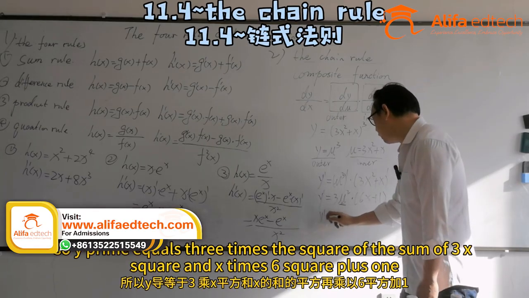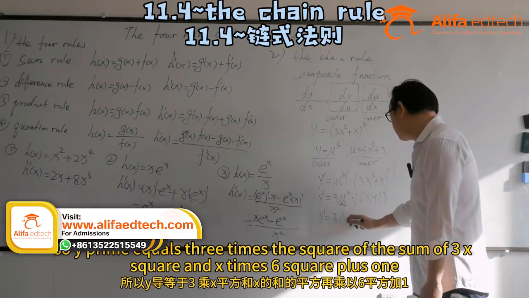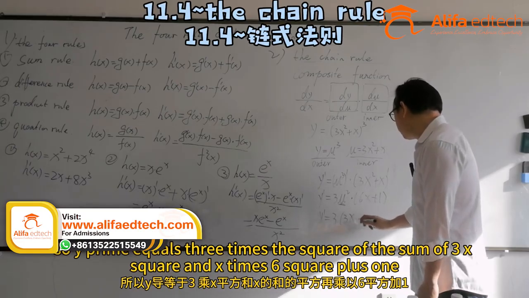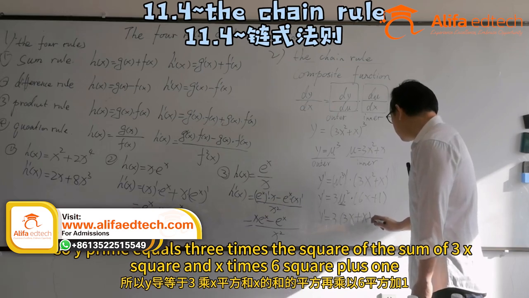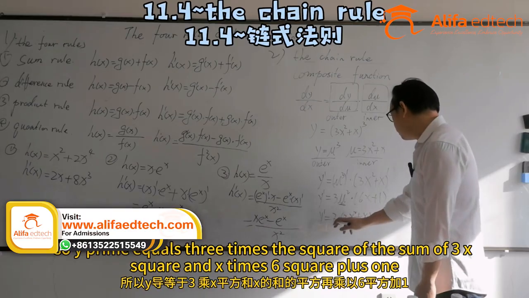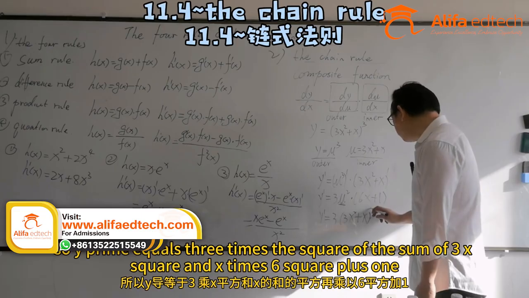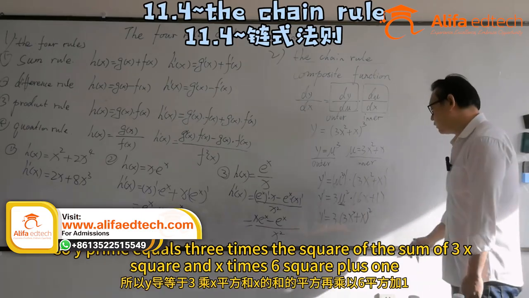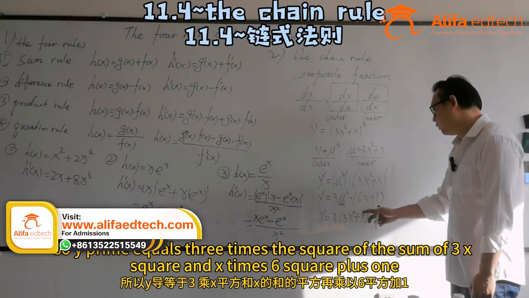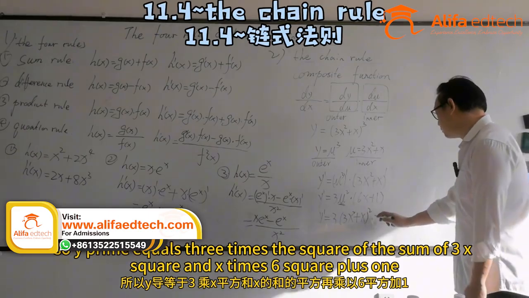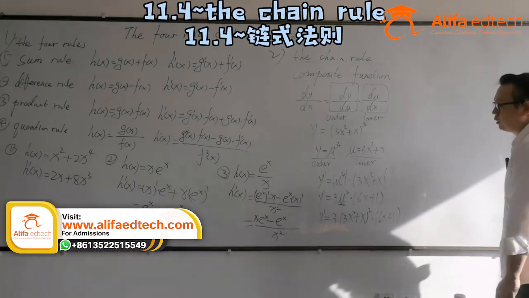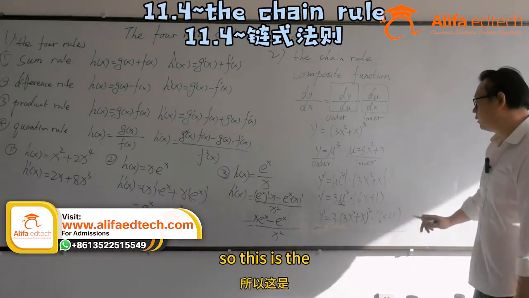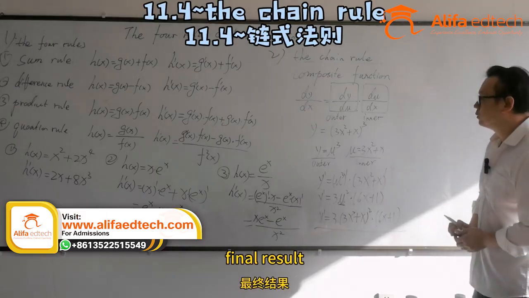So y prime equals 3 times the square of the sum of 3x squared and x, times 6x plus 1. So this is the final result.